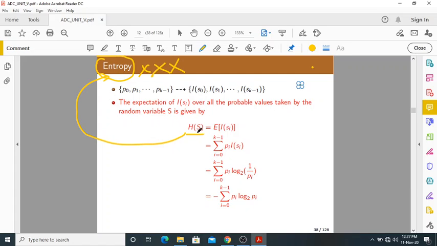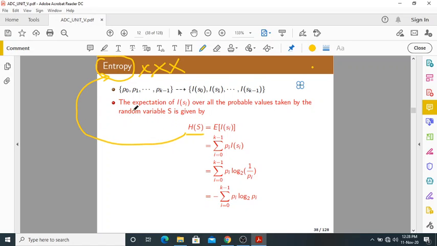Now I want to find out the entropy of the source, capital S. How many symbols are there in the source? K number of symbols. A source contains K number of symbols, namely S0, S1, up to Sk-1, with the probabilities of occurrence of those symbols P0, P1, up to Pk-1, and the associated information is I of S0, I of S1, so on, I of Sk-1.